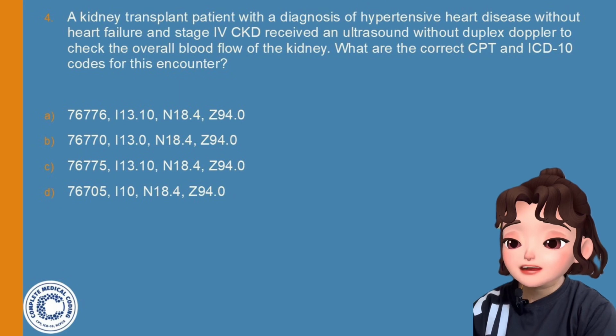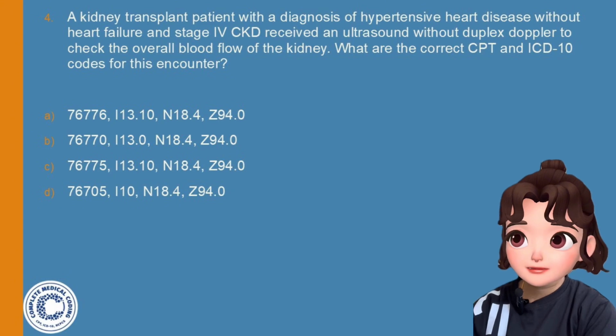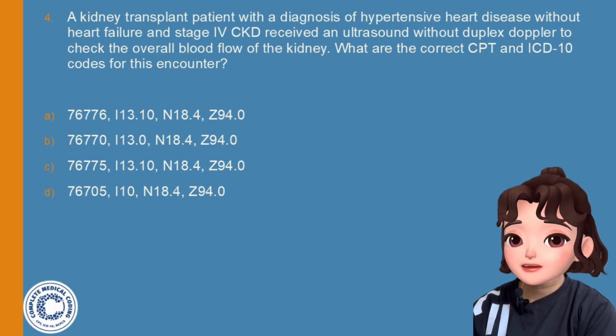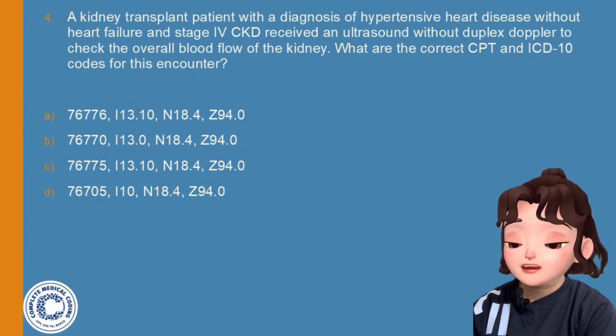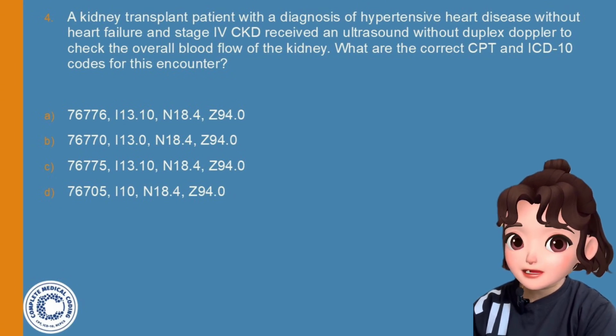What is 76775? Ultrasound retroperitoneal, example renal aorta nodes, real time with image documentation, limited. And what is 76776? Ultrasound transplanted kidney, real time and duplex Doppler with image documentation. This is with the duplex Doppler, 76776.